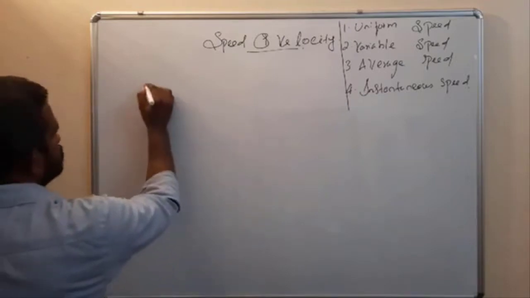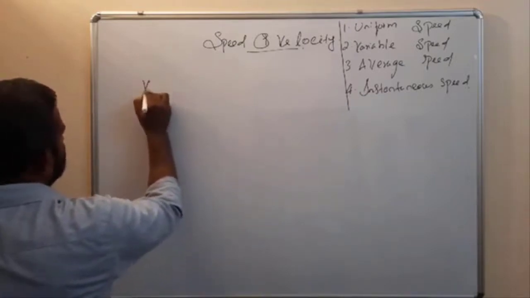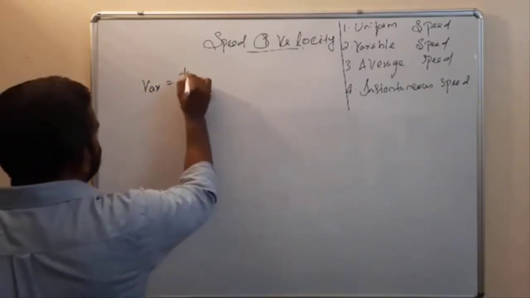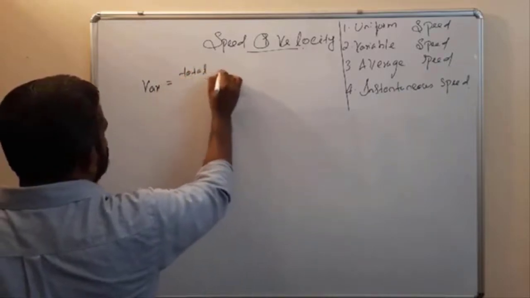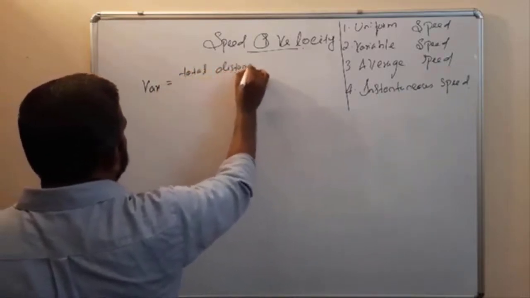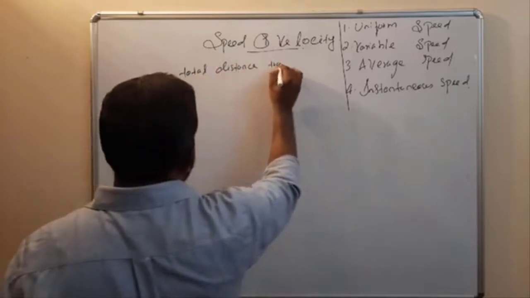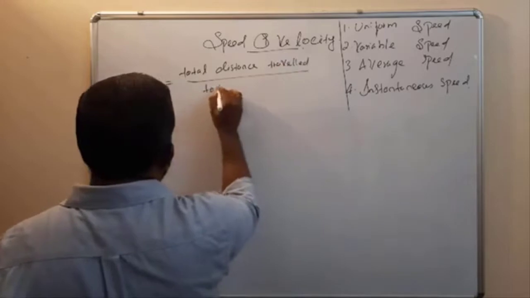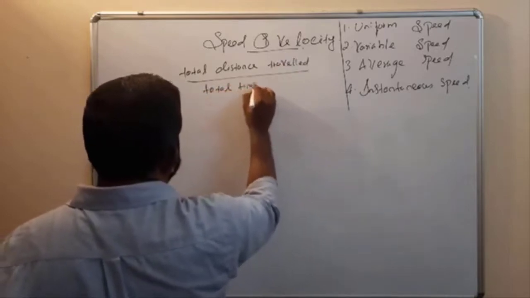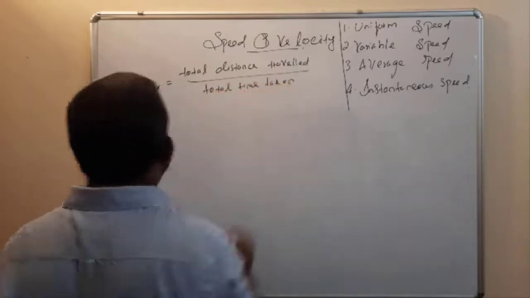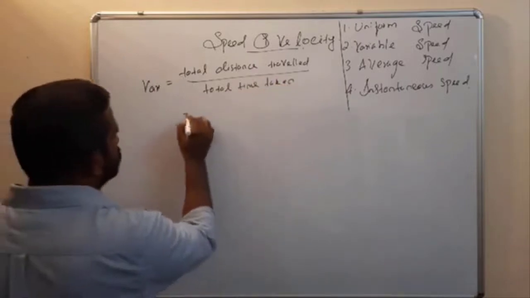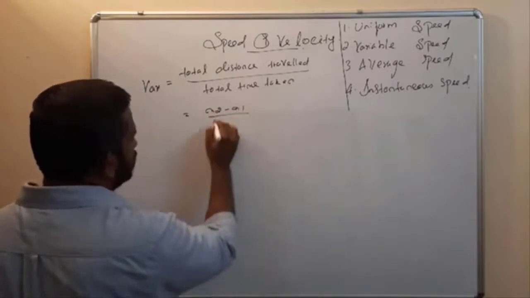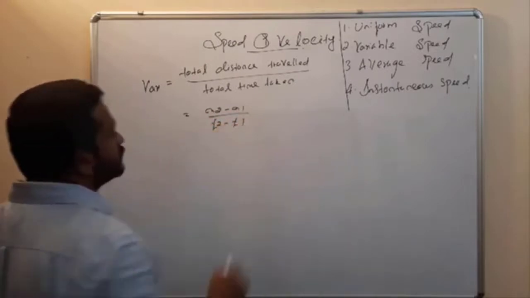So average speed V_av is equal to total distance traveled by total time taken, that is equal to x2 minus x1 divided by t2 minus t1.